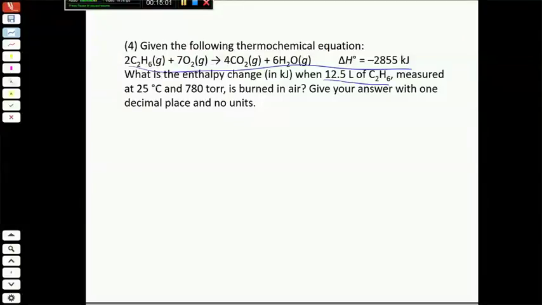We should immediately think of the ideal gas equation, PV equals nRT. Because if we know the pressure, volume, and temperature of the gas, which we do, we can use PV equals nRT to find out how many moles of that gas we have. And then we can relate that to whatever stoichiometry, or in this case, thermochemical calculation we're doing.